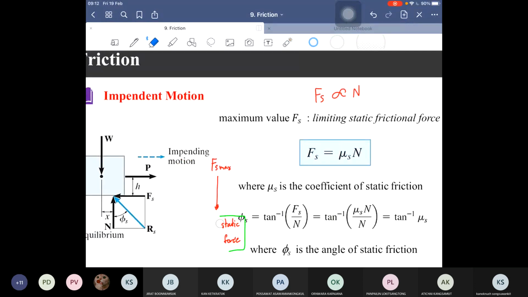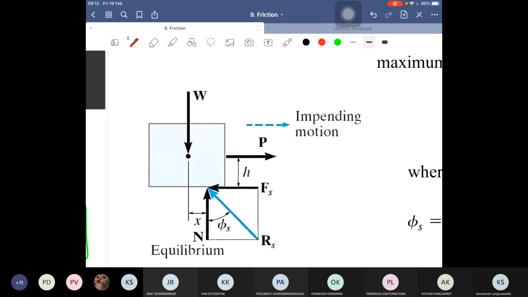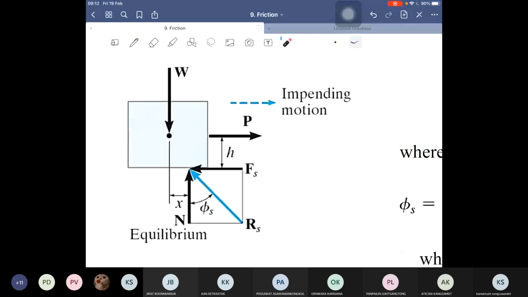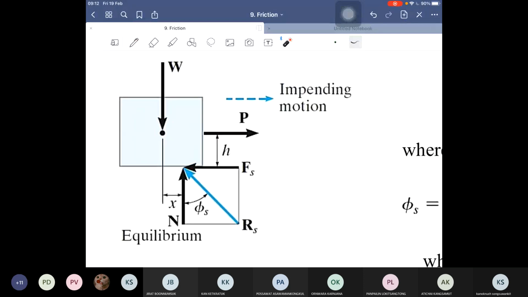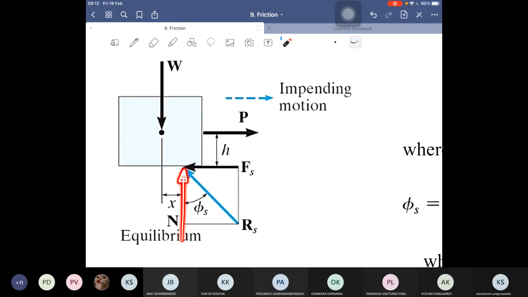Okay, now let's go back to this free body diagram. As we mentioned, the force N acts along the y-axis, but the friction acts along the minus x-axis.